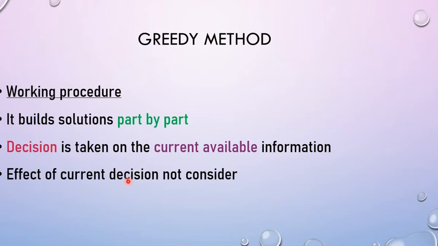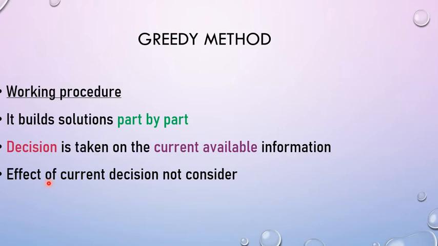I repeat once again, the working procedure: it builds the solution part by part. In each step or part, a decision is made to move toward the final solution. The decision is taken based on the current available information. While doing that, it does not bother about the final solution.